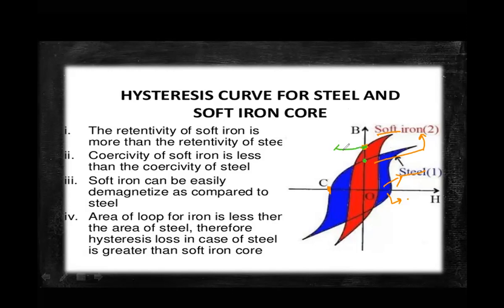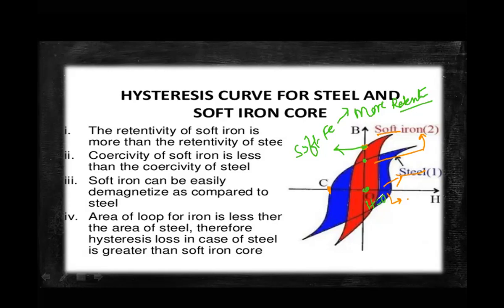So soft iron has more retentivity. What is the meaning of retentivity? It is the point where the residual magnetization is present even when the applied field is equal to 0.